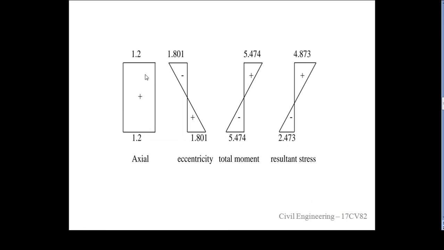This is due to axial force, this is due to eccentric moment, due to the total moment, and this is due to the resultant stresses developed in a member. This is the stress diagram.